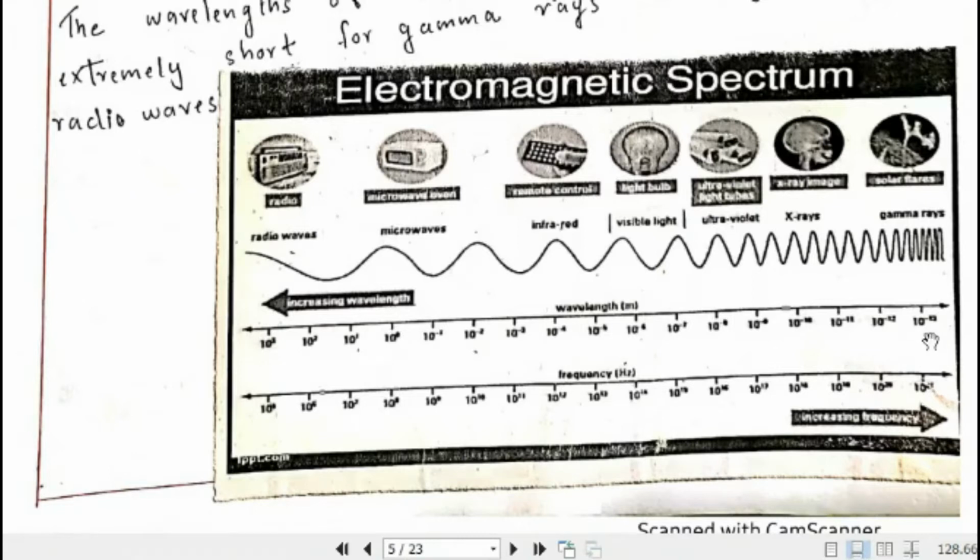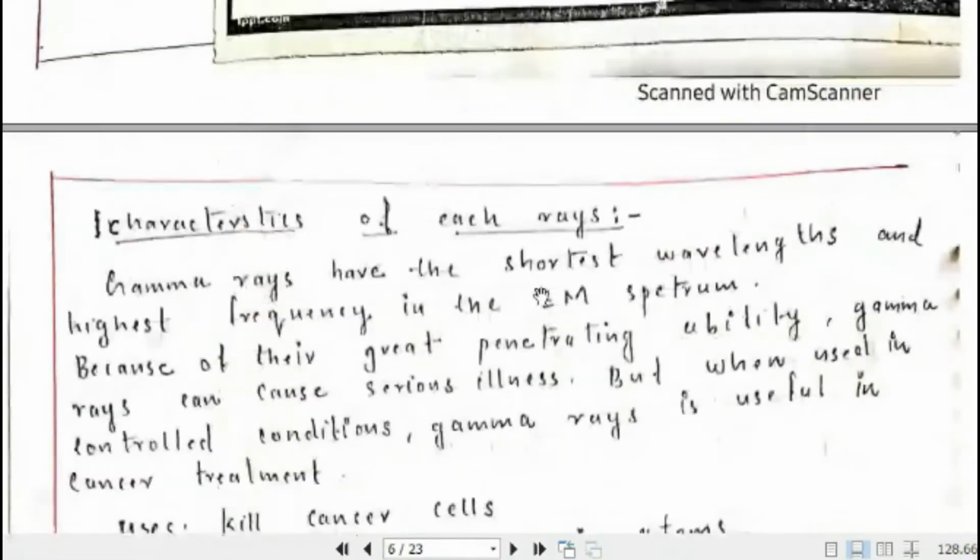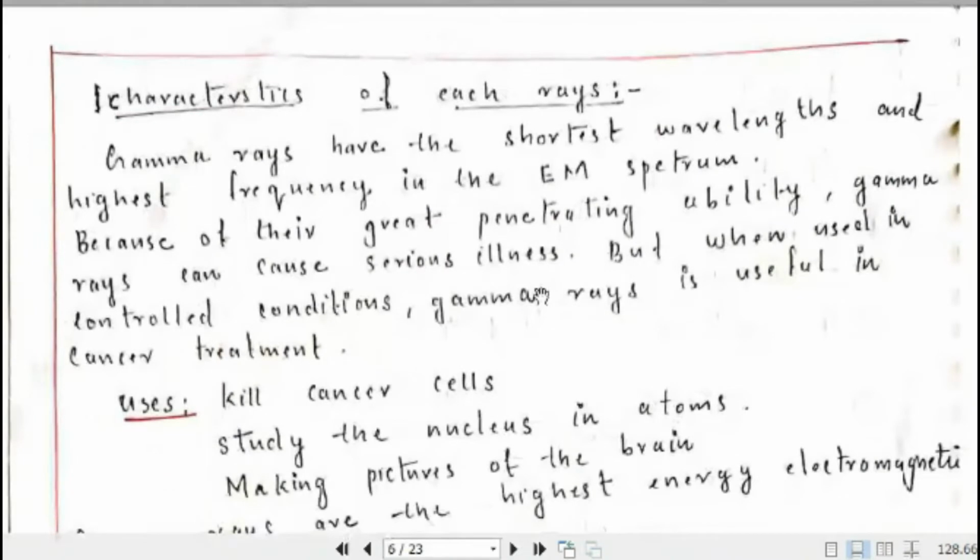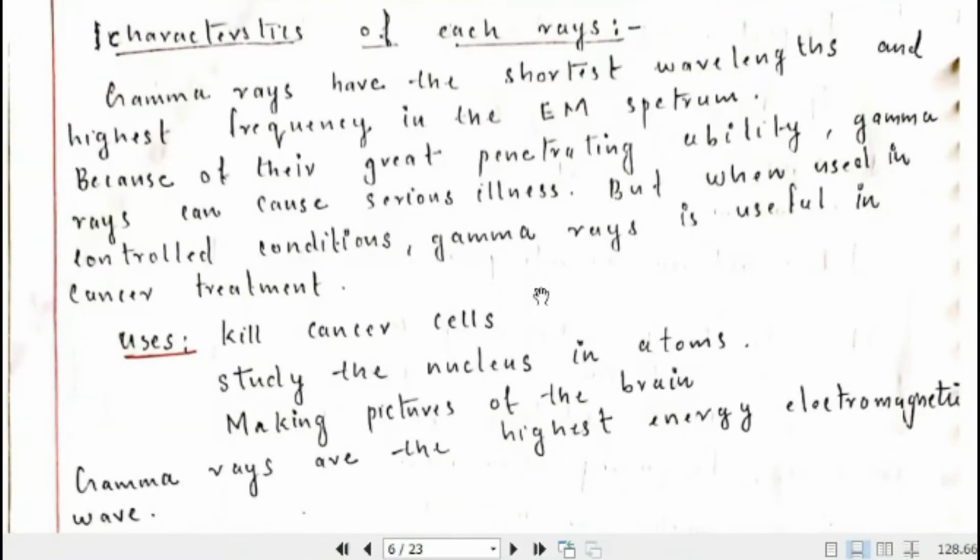Here the wavelength, you can see, towards the radio waves is increasing, and on the bottom frequency is increasing towards the gamma rays. As all of us know, these waves are having different properties, and they are having different applications also. We will look into the application of each wave.